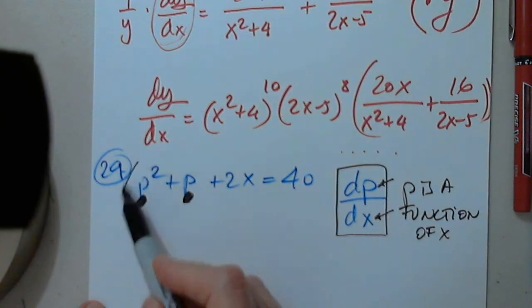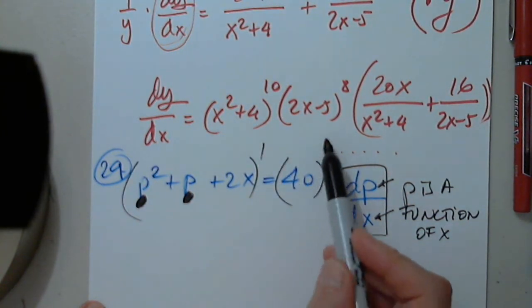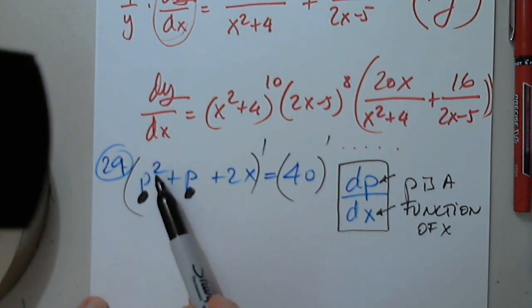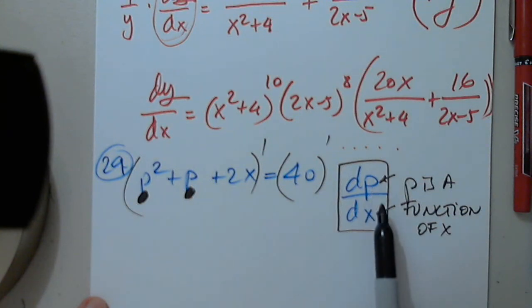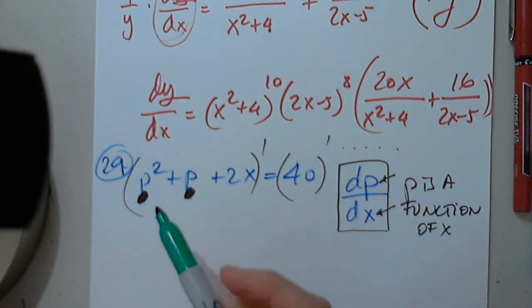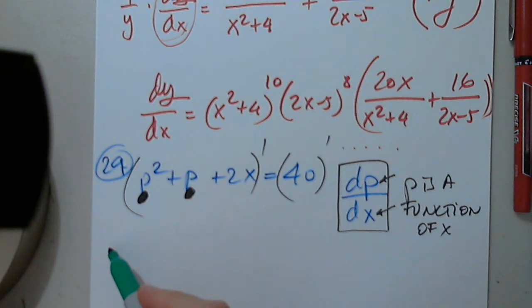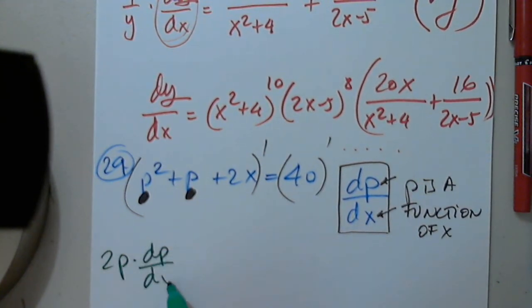So we differentiate implicitly. Can anyone give us p squared prime, knowing that p is a function of x? How do I write that?